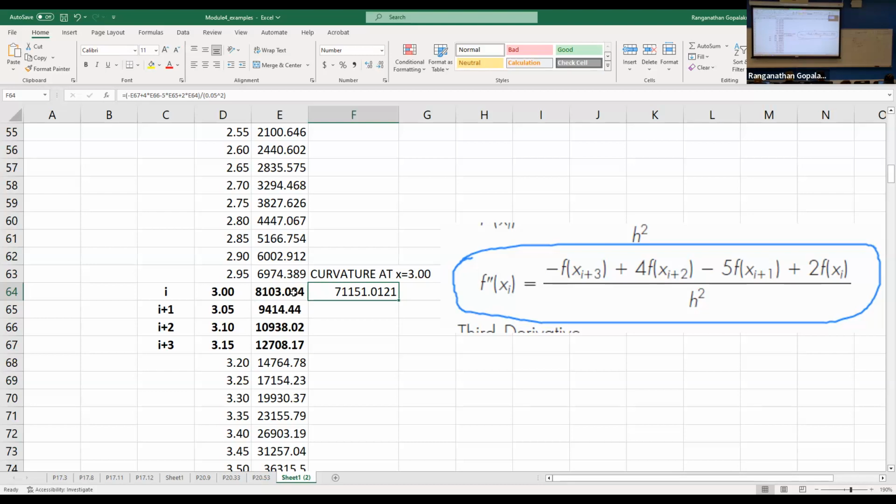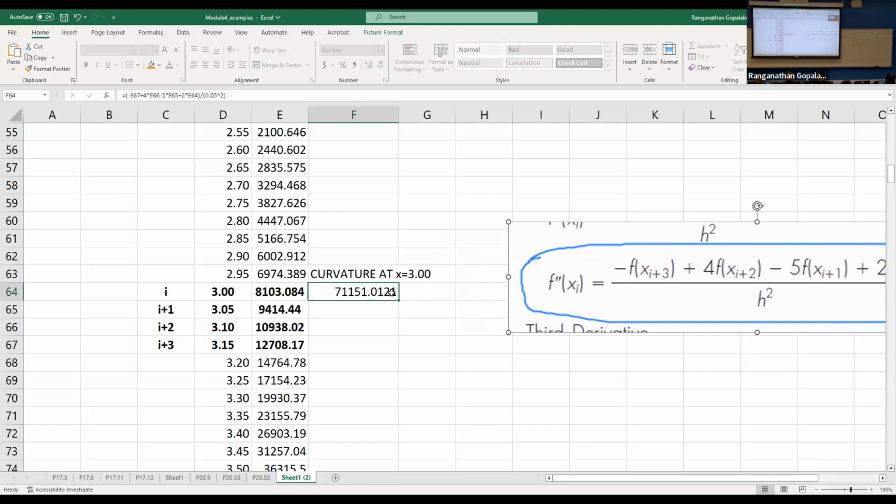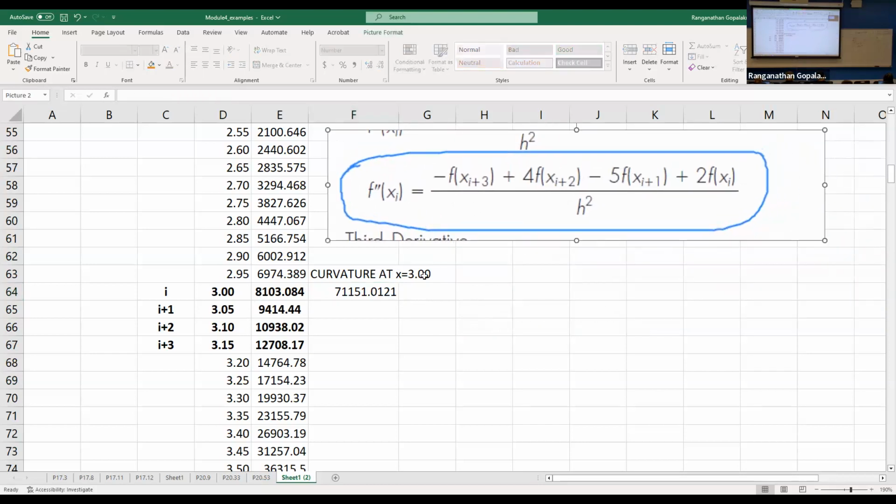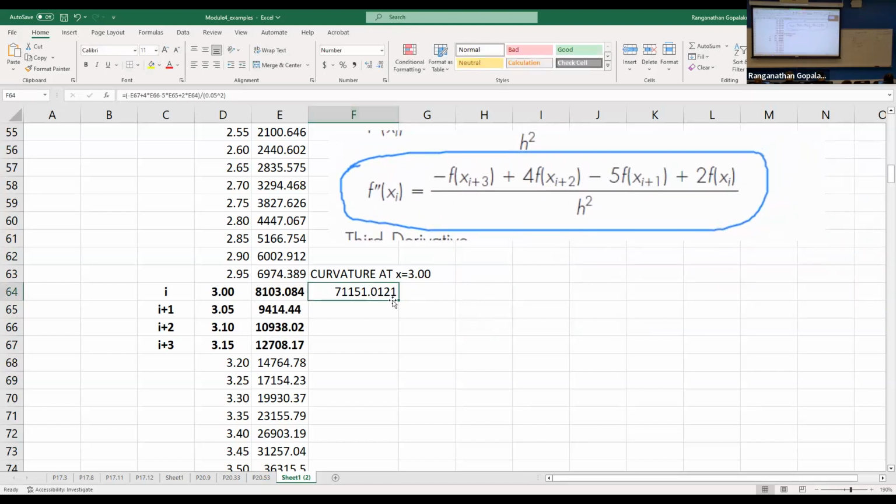This is curvature, second derivative. So this is curvature. Okay. And this value is forward differencing involving three neighbors.